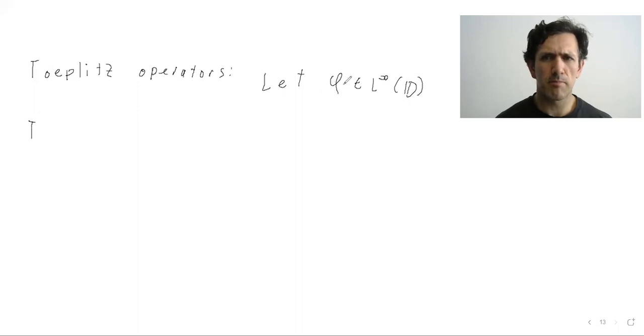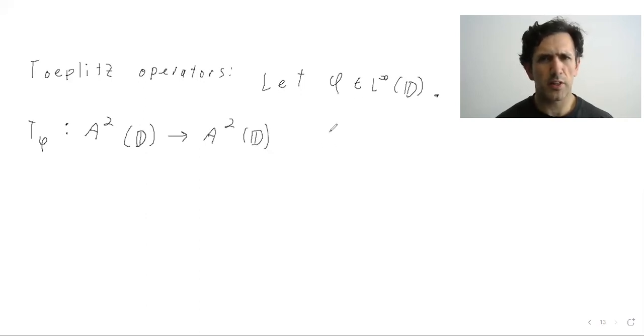I can use this bounded measurable function on the unit disk to define a map called the Toeplitz operator, named after Otto Toeplitz, who studied this on the Hardy space. It has very beautiful properties that make it extremely useful in applied math. I don't know if I'll talk about even the Hardy space in this course. Maybe I will. Plenty of things to do for the Bergman space. But anyway, basically same definition on the Hardy space as it is for the Bergman space.